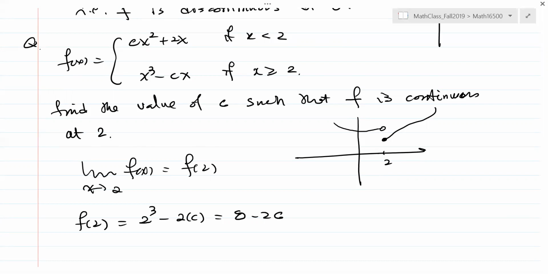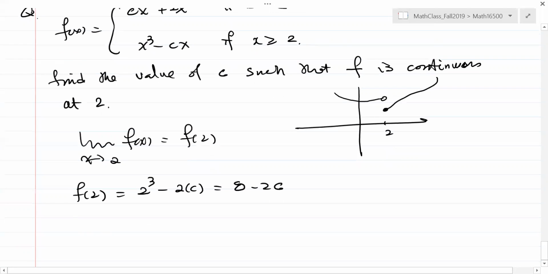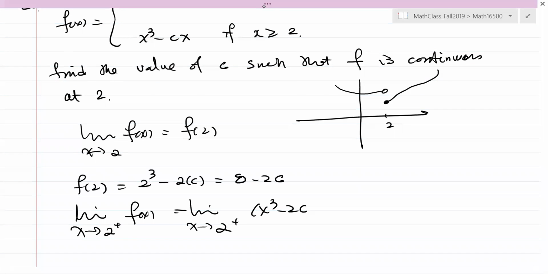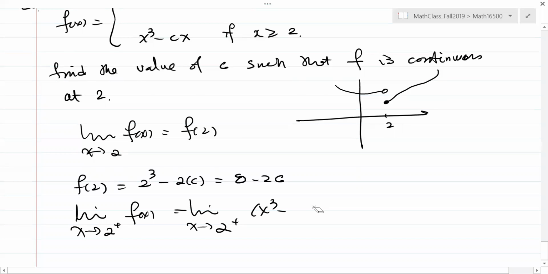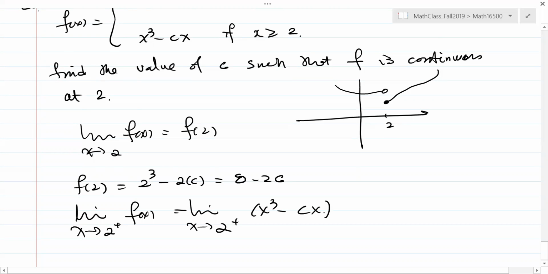So now let's look at the limit. The function has a right limit and a left limit. So let's find the limit when x approaches 2 from the positive side. If x approaches 2 from the positive side, x is greater than 2, but close to 2, so you can replace it by this function, x cubed minus cx.